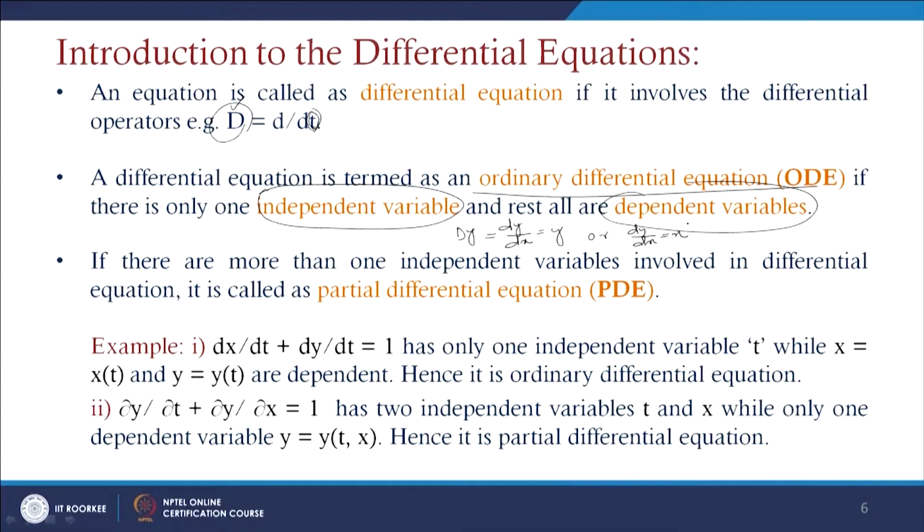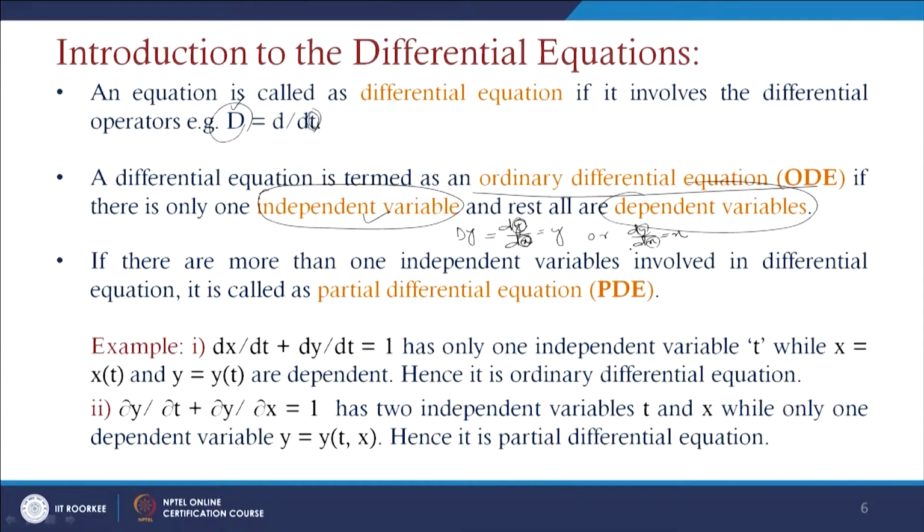Then we can say it is an ordinary differential equation, since we have one dependent variable and one independent variable here. This is called an ordinary differential equation if there is only one independent variable. Here x is the independent variable and y is the dependent variable, and in the other equation also, y is the dependent variable and x is the independent variable.